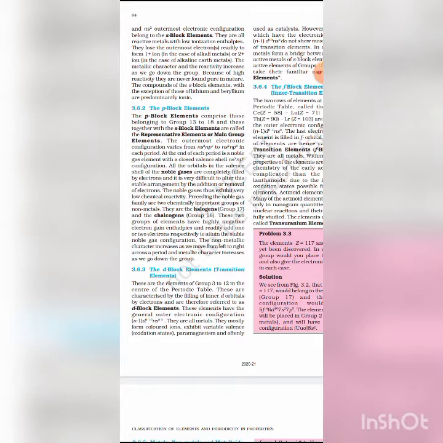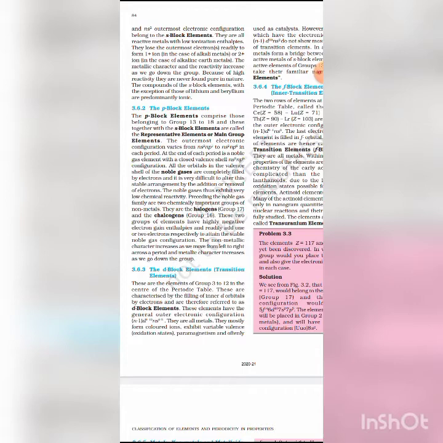Group 13 elements are called the boron family, group 14 the carbon family, group 15 the nitrogen family, group 16 the oxygen family, group 17 the halogens, and group 18 the noble gases. So all these elements belong to the p block.